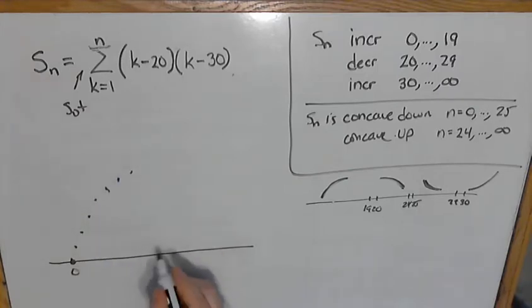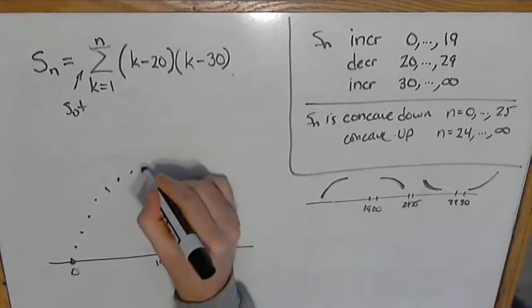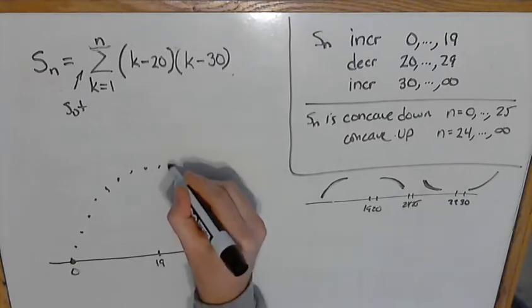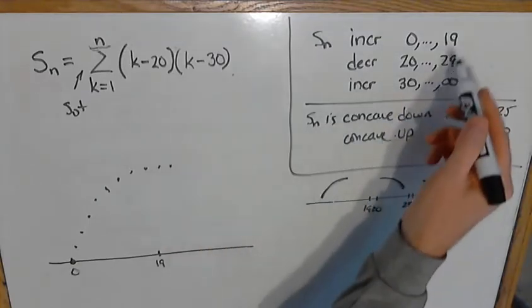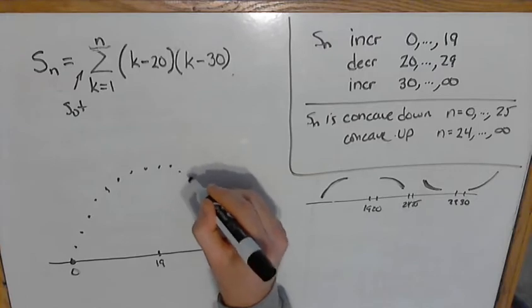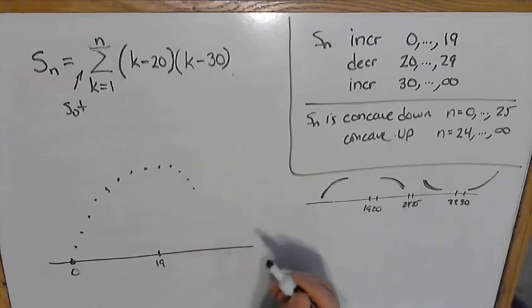And when I reach the value of 19, so here's 19, say, 19 and 20 are the same height because my 20th increment was 0. And then it's going to start to decrease, but it's still concave down.